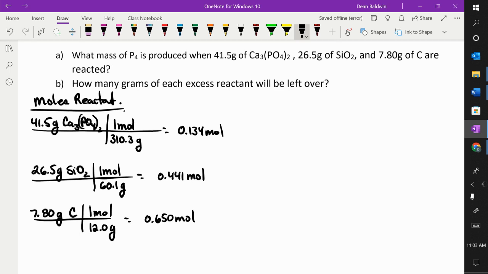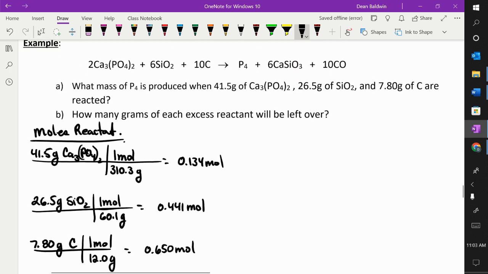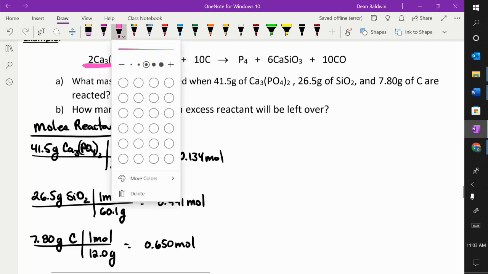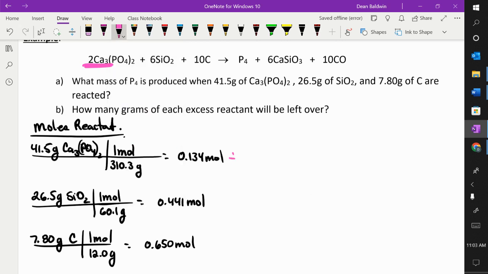So now we have moles of all our reactants. What's the next step? Divide by the coefficient from the reaction. So for calcium phosphate, we divide by 2. For silicon oxide, we're dividing by 6. And for carbon, we're dividing by 10.